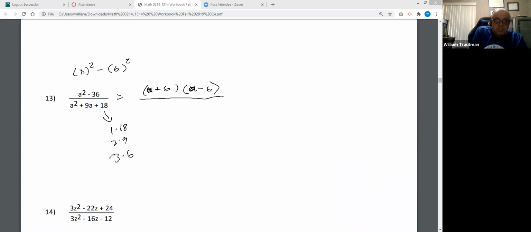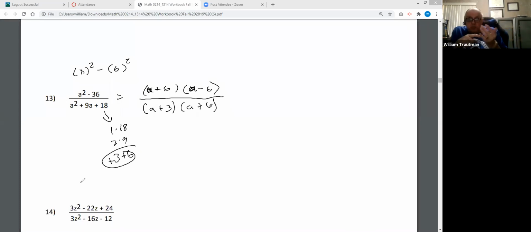To get a 9 is a plus 3 plus 6. a plus 3, a plus 6. That's it. When there's a 1 in front, do you see how quick it is? If you know your multiplications, it's very fast. If not, for 18, you have to use your calculator.